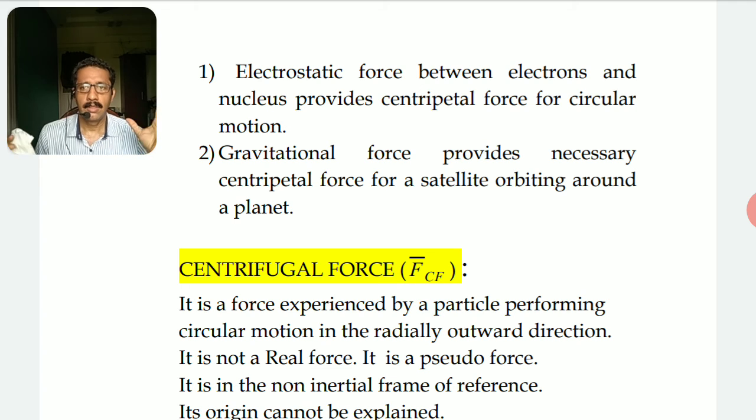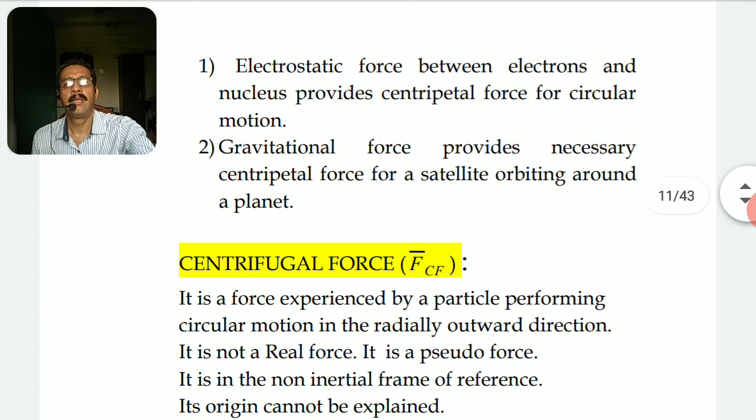Whereas if you talk about the moon revolving around the earth, or the earth revolving around the sun, the gravitational force provides the necessary centripetal force for every satellite orbiting around its own planet. Of course, if you consider a stone tied to a string and the stone is being whirled, then in that case the tension in the string provides the necessary centripetal force.